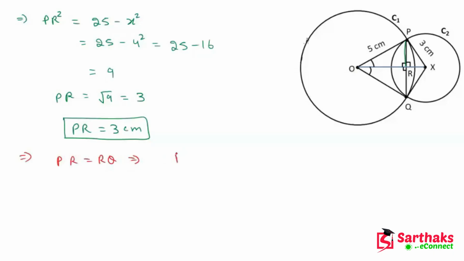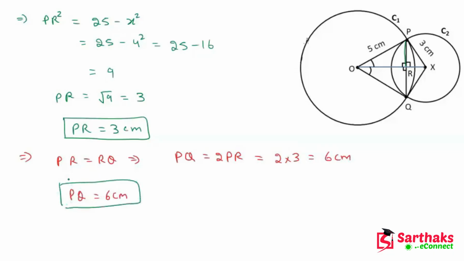It means PQ is twice of PR. So this will be 2 into 3, which is equal to 6 centimeter. So PQ is 6 centimeter. So the chord is 6 centimeter. Okay.